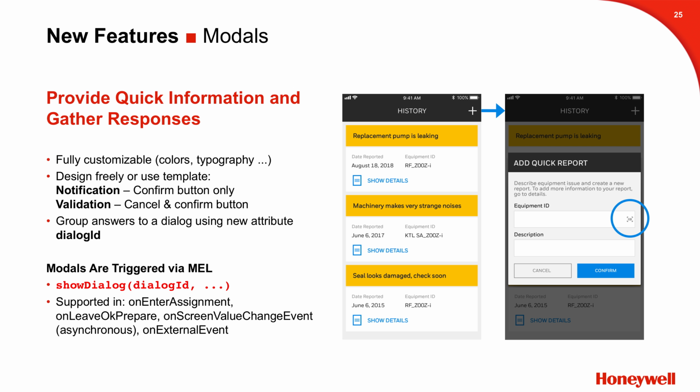And that is supported in on-enter assignments, on leave OK prepare, on screen value change event, though only the asynchronous one, and on external event. So that is very helpful and will enable you to build many things that were just more difficult to build earlier.